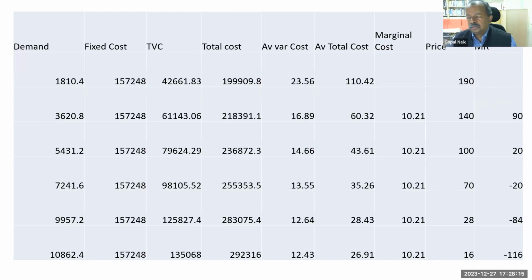So given the demand and the price, you can come up with the total revenue. And from the total revenue, you can actually derive the marginal revenue. So that is how you can compute these different cost and revenue parameters. And we can look at these variables graphically.